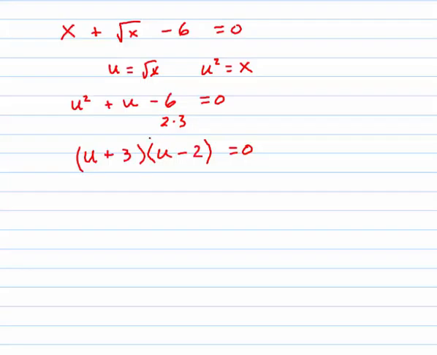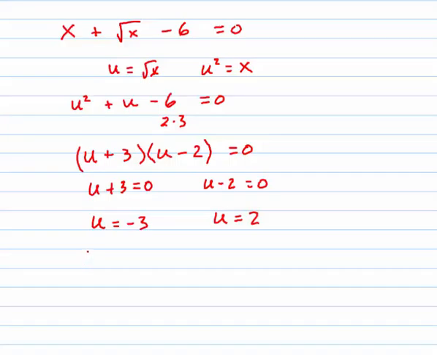Does it work? u squared minus 2u, but we have the plus 3u and the minus 6. So that works. So we have u plus 3 is equal to 0, or u minus 2 is equal to 0, and we have u is equal to minus 3, or u is equal to 2.